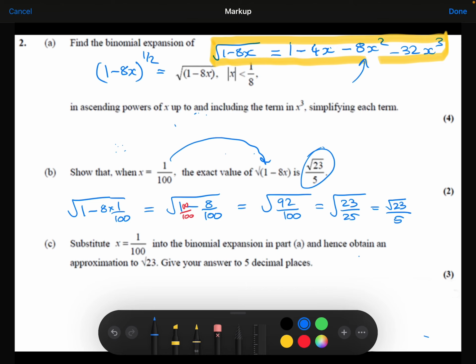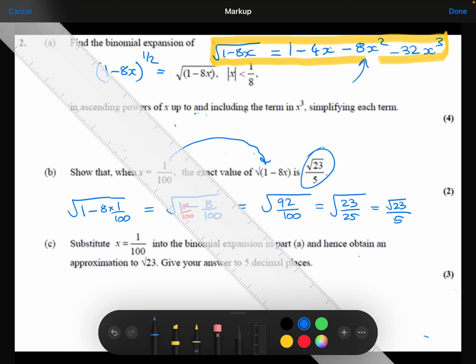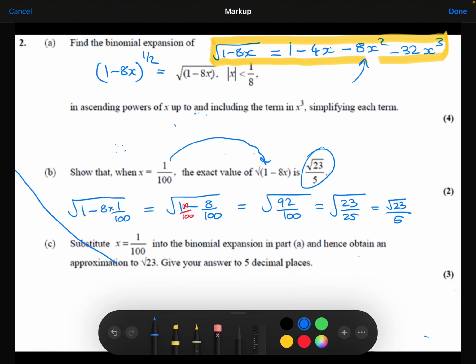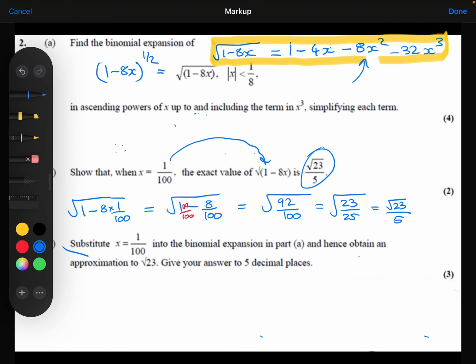So let's substitute 1 over 100 into our expansion first of all. Okay, so we're going to do 1 minus 4 times 1 over 100 minus 8 times 1 over 100 squared minus 32 times 1 over 100 cubed.